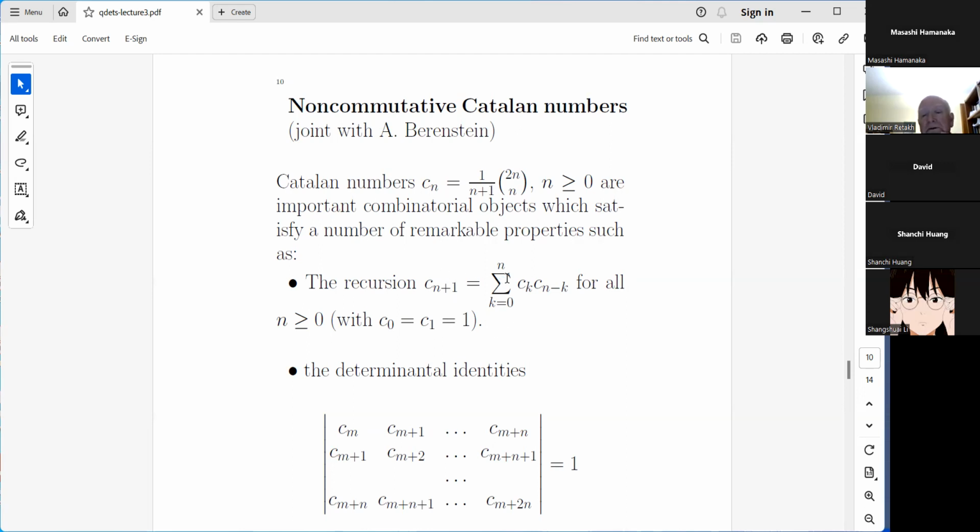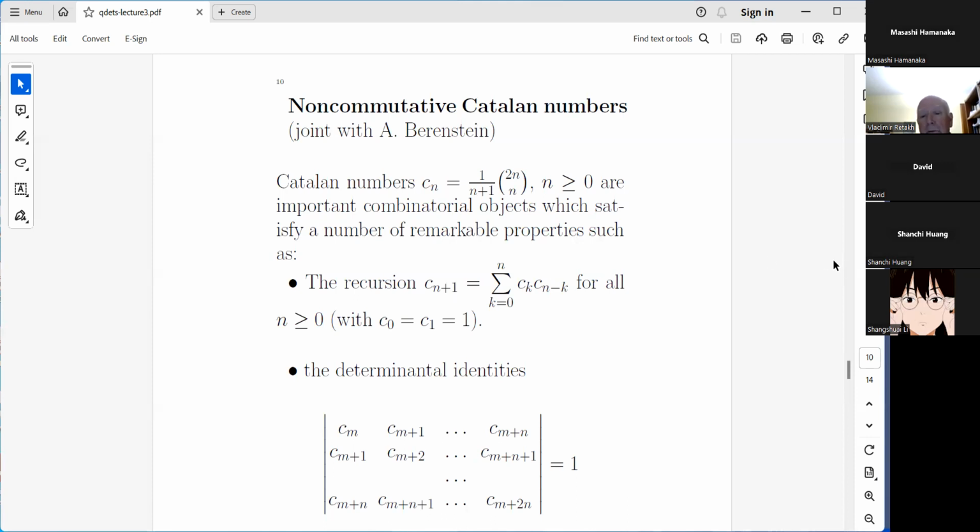Actually, this recursion can be expressed by using a generating series, so there is a quadratic formula for the generating series for Catalan numbers. But basically, if you know this recursion, it's easy to write this formula.